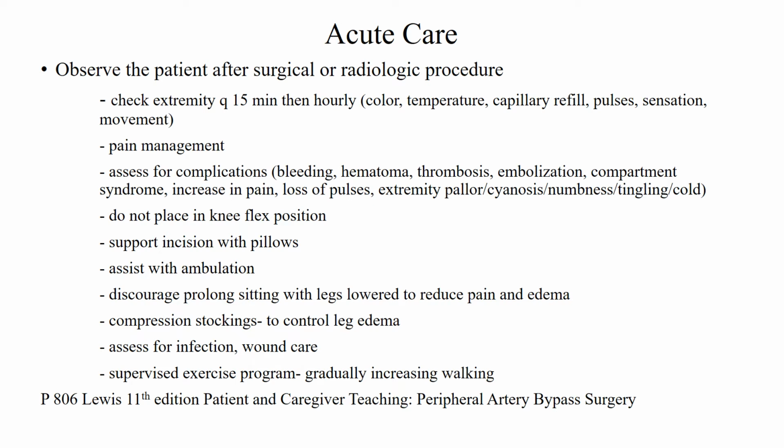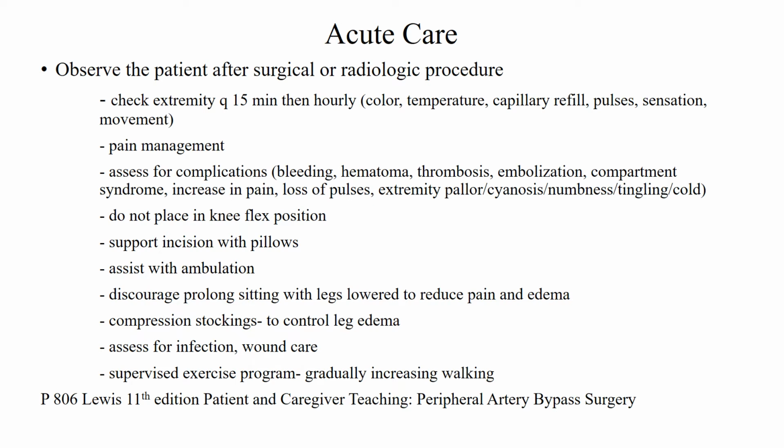We check for the color of the skin, the temperature, capillary refill, the pulse, the sensation and the movement of the extremity. Let's assess for the patient's pain, and assess for complications of the procedure such as bleeding, hematoma, thrombosis or clot, embolization, or when the clot has traveled from its original location.